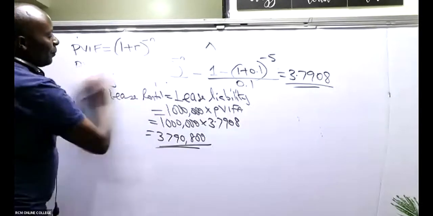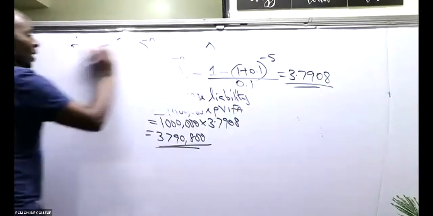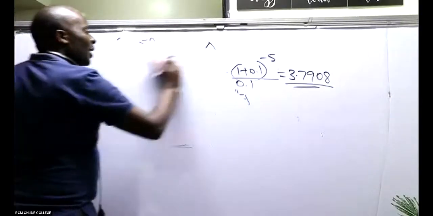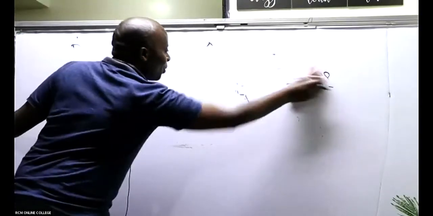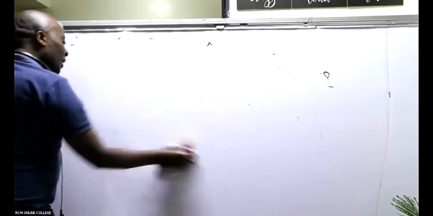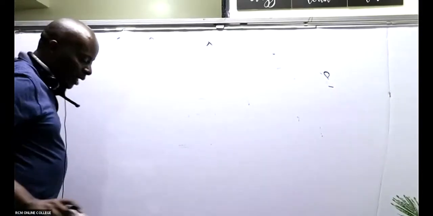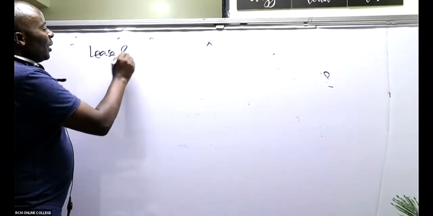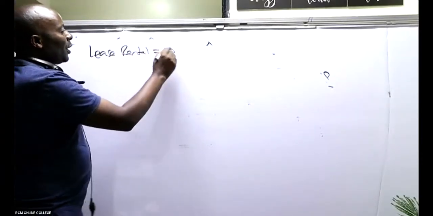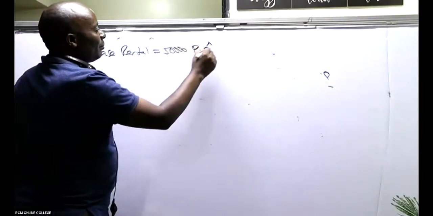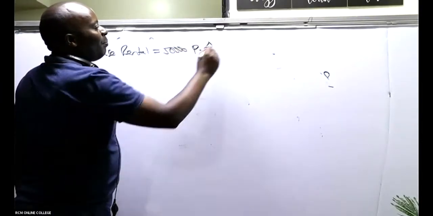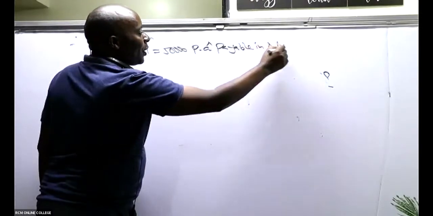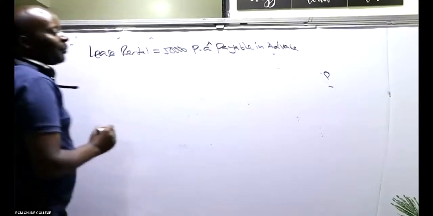But you see again, another trick that I've always seen the AFR, Advanced Financial Reporting, and of course the Intermediate Financial Reporting examiners doing. These examiners will come and tell you that the lease rental is 50,000 per annum, payable in advance.